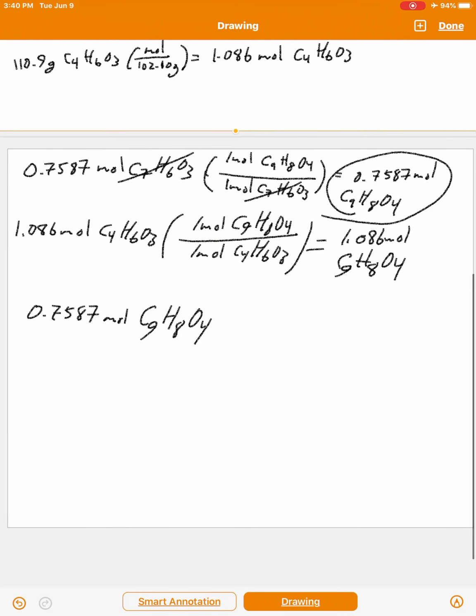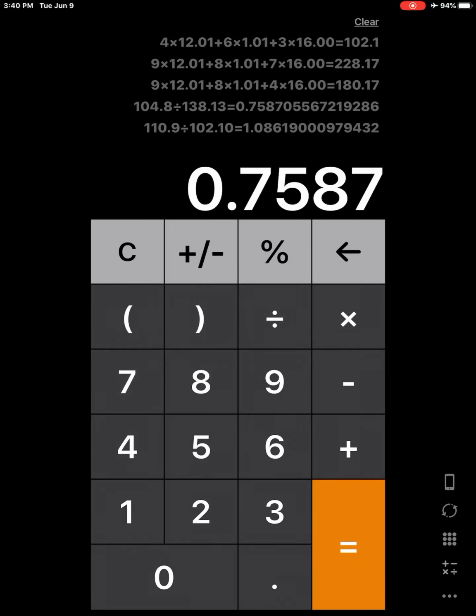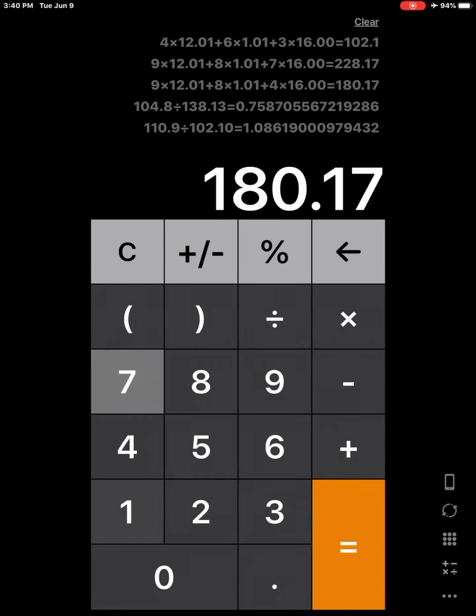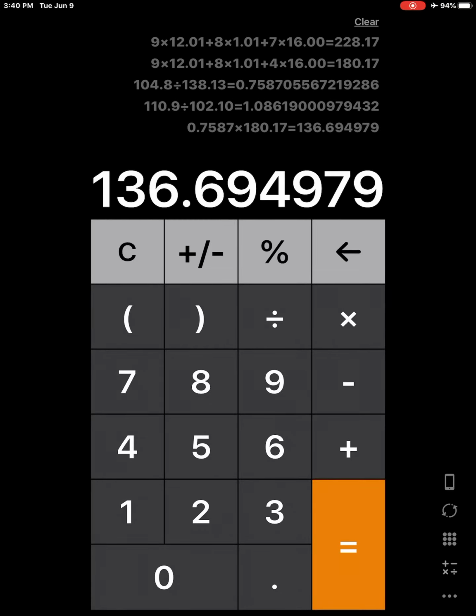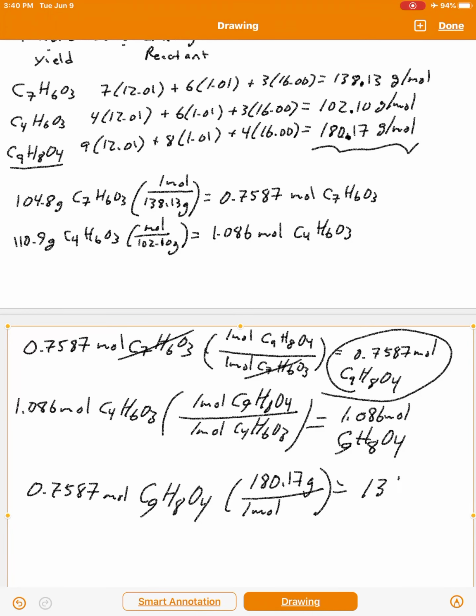So if we multiply this by 180.17 grams per mole, so 0.7587 times 180.17, you get 136.7. There's your theoretical yield.